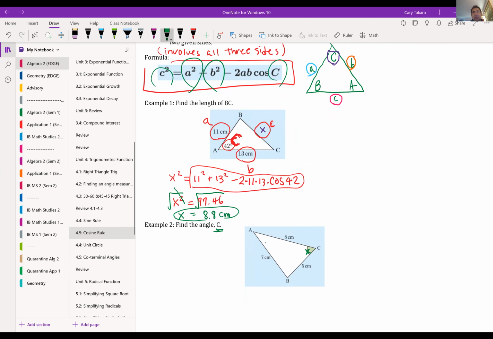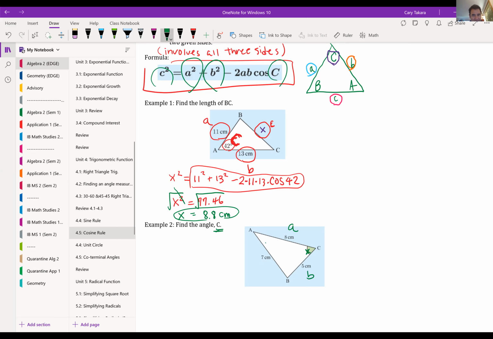A and B are the ones that have the angle in between, so 8 should represent A and 5 represents B. Does that make sense? You don't want to have 7 and 8 or 7 and 5 as A and B, because there's no angle involved.